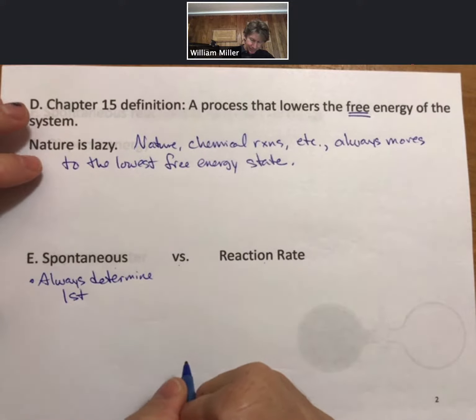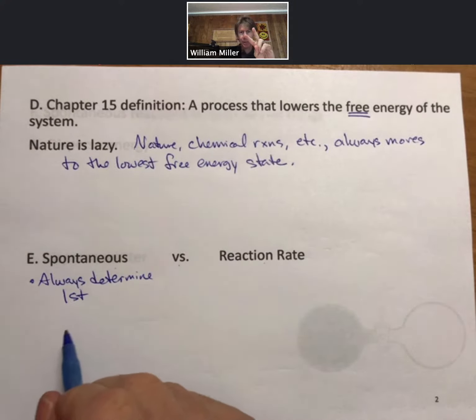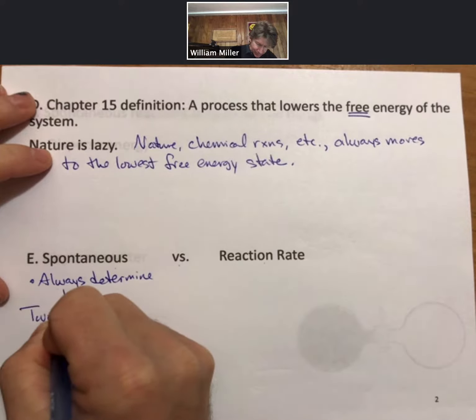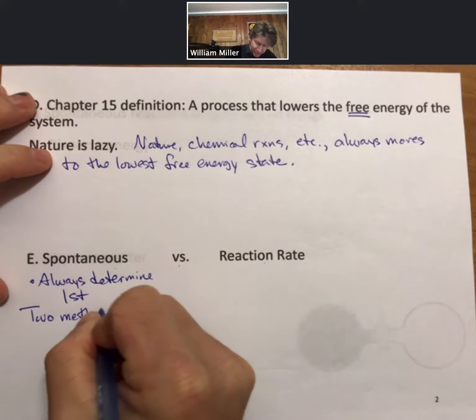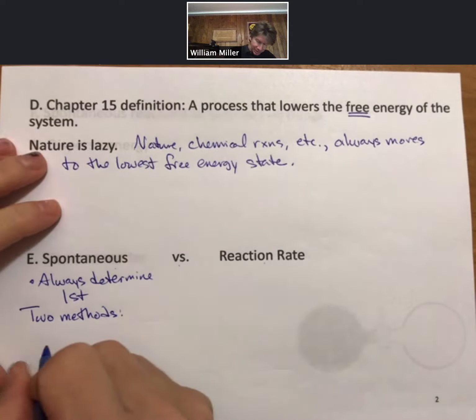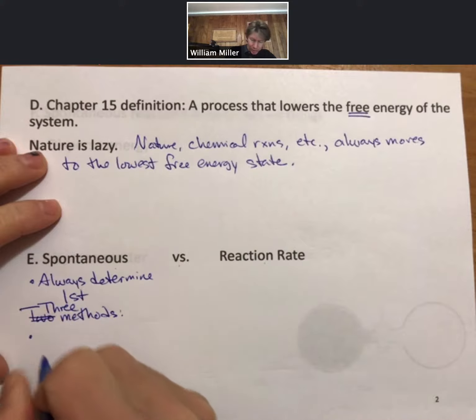So far we have one method of determining if a process is spontaneous, but we're going to talk about the second method this chapter, and then we'll talk about the third method in the following chapter. So let's just go with all three methods here.